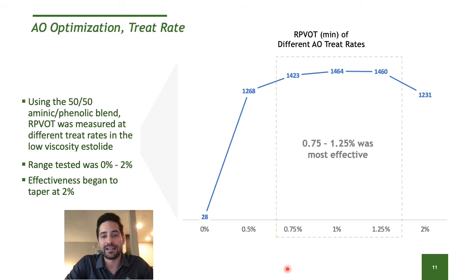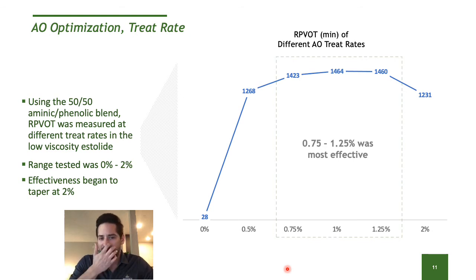We first blended the aminic and phenolic antioxidants at a 1-to-1 ratio, and then took a look at these additives as part of a formulation ranging from 0% to 2%. What we found was the most effective range, at least as it showed on the RPVOT test, was between 0.75 and 1.25%.